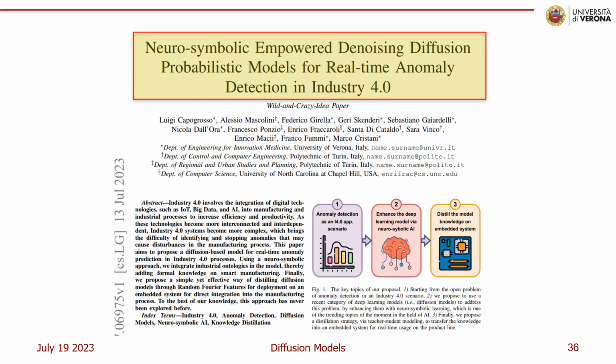But when we move on to other tasks, like anomaly detection in Industry 4.0, so tasks related to safety critical applications, this can be a problem. And we think that a solution to overcome this problem can be the integration of neurosymbolic methods inside diffusion models.